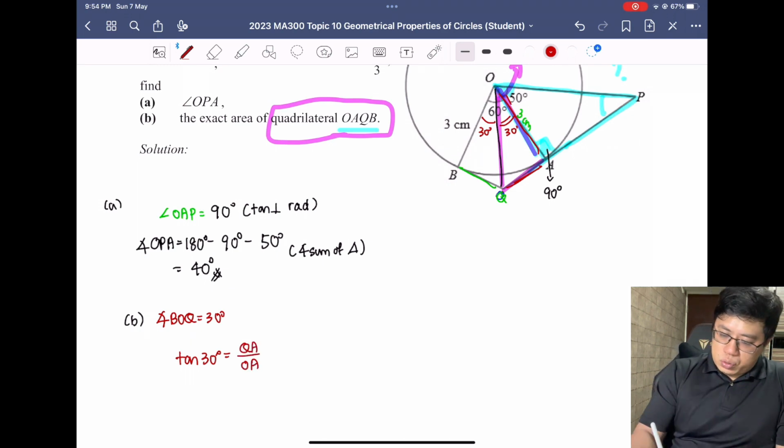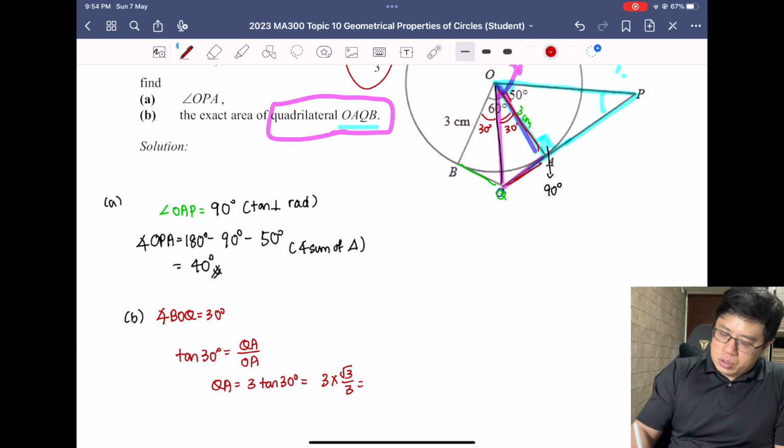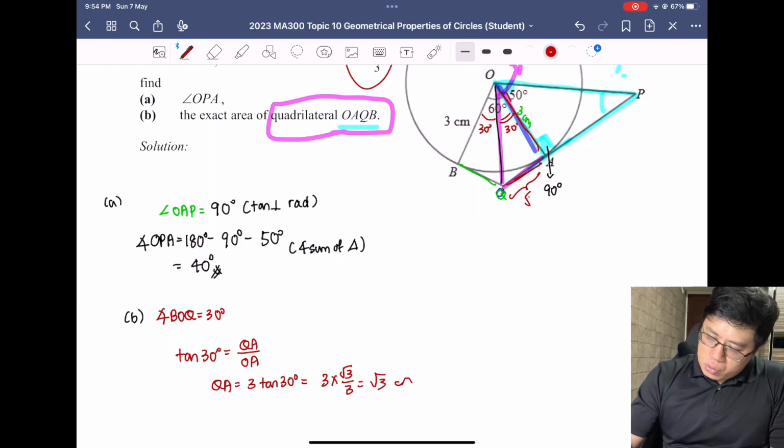OA is equal to 3 cm, meaning that QA is equal to 3 tangent 30 degrees. Earlier we know that tangent 30 is square root 3 over 3, so this is 3 times square root 3 over 3, which is square root 3 cm. So this is square root 3, and this is square root 3.